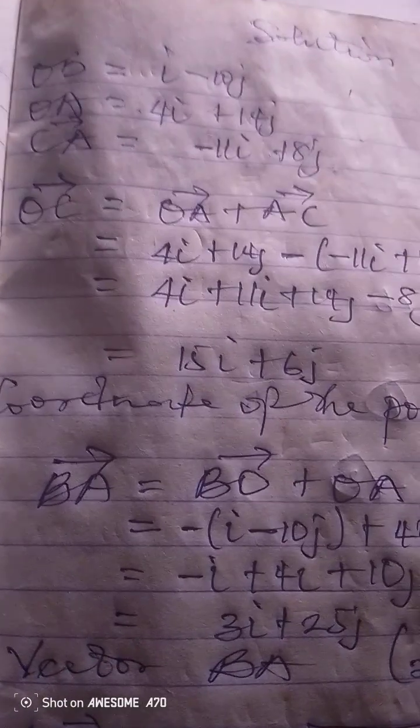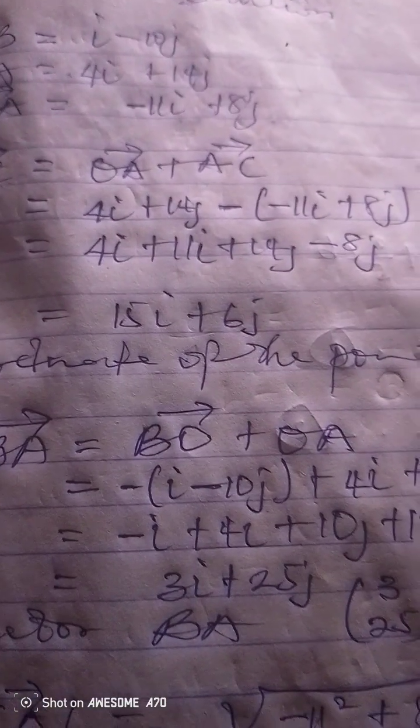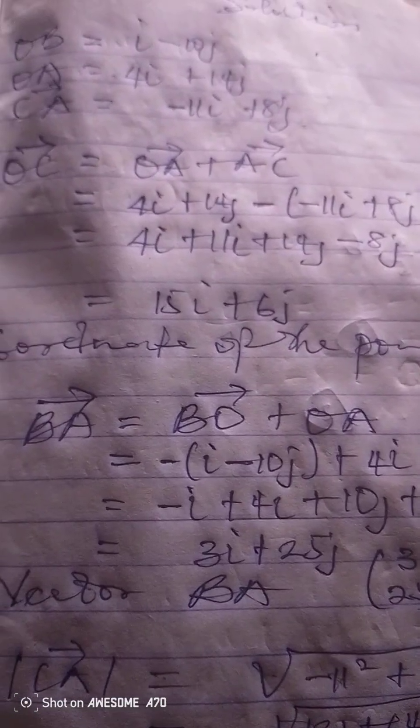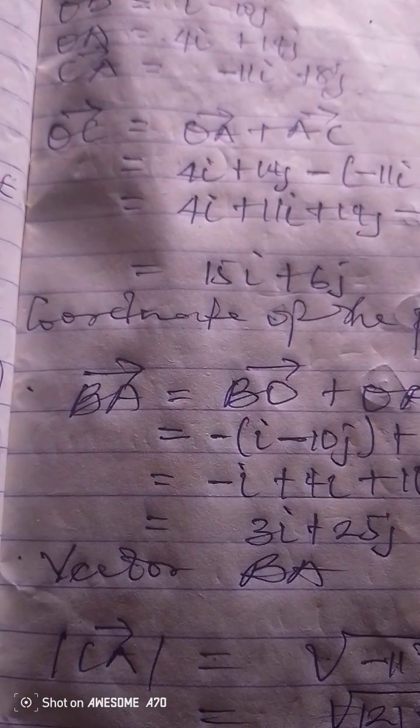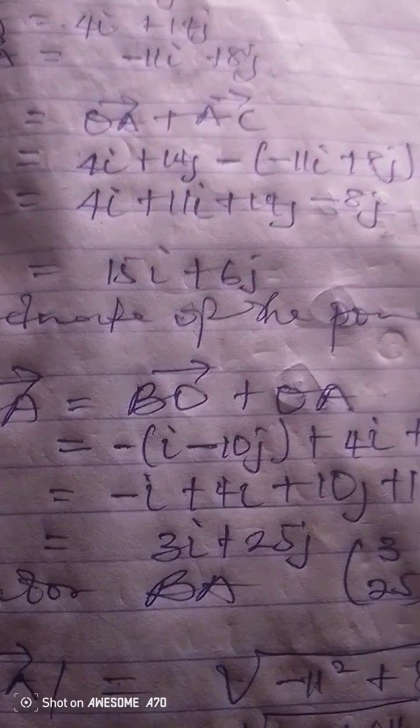Then vector OC can be written as vector OA plus vector AC. Vector OA is given as 4i plus 14j, while vector CA is given.